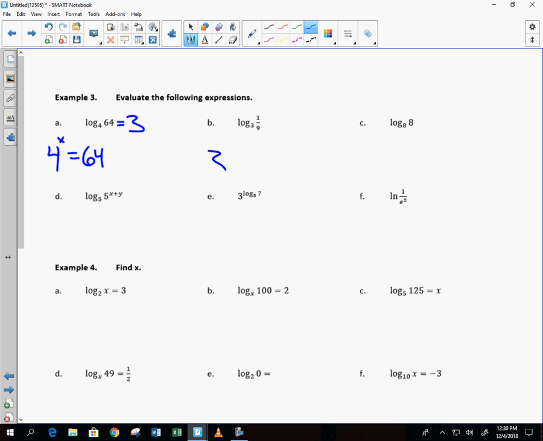This means 3 to what power is 1/9? Well, 3 to what power is 9? 2, so if it's 1/9, it would be -2. This means 8 to what power is 8? 8 to the first power is 8.